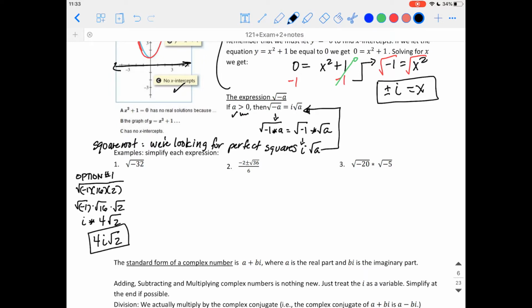Now, let's say that you would have never thought of 16. Well, then what you need to do from your previous knowledge is the prime factorization tree. So if the first thing that came to your mind, 32 is 4 times 8, that's fine. And then you need to break it down. So 4 is 2 times 2, and then 8 is 2 times 4, and then 4 is 2 times 2.